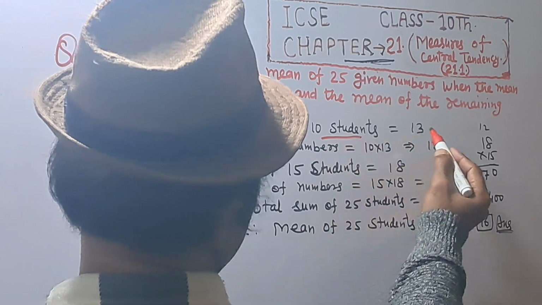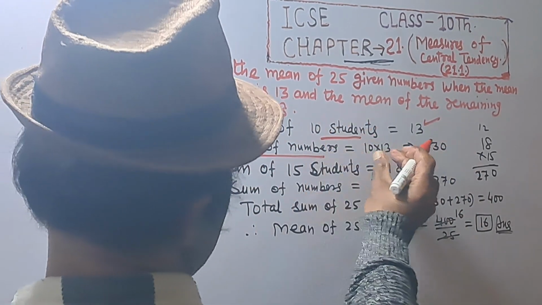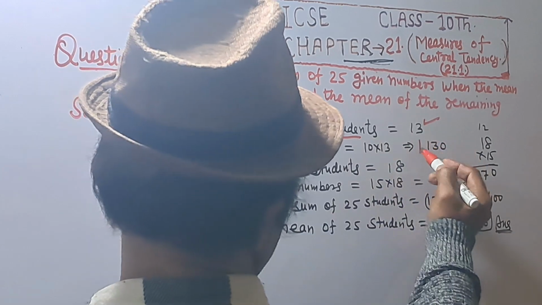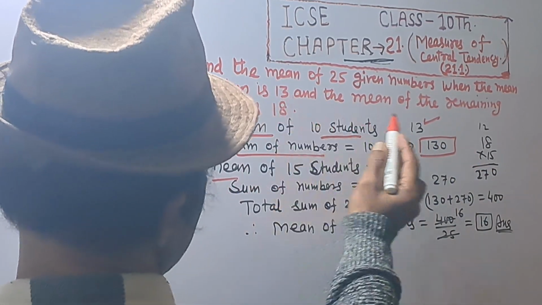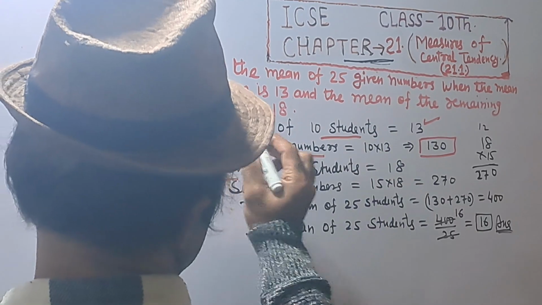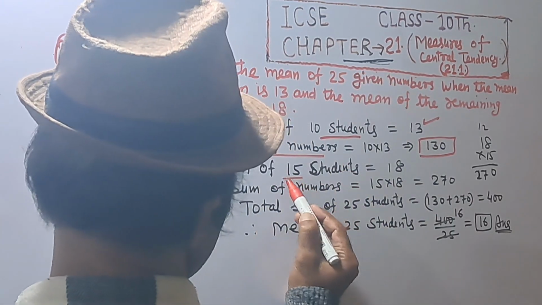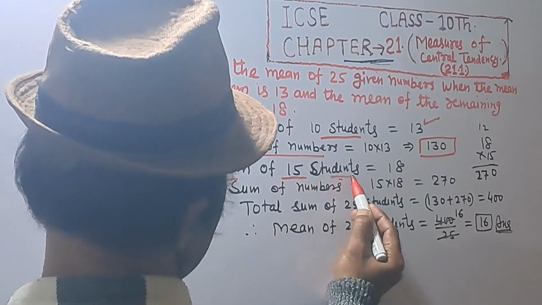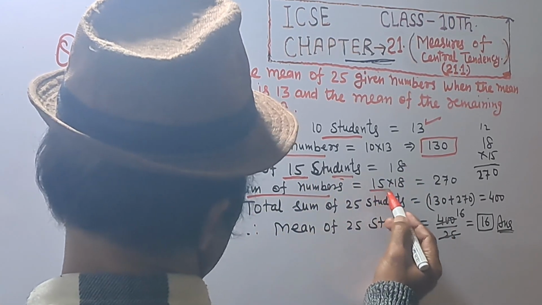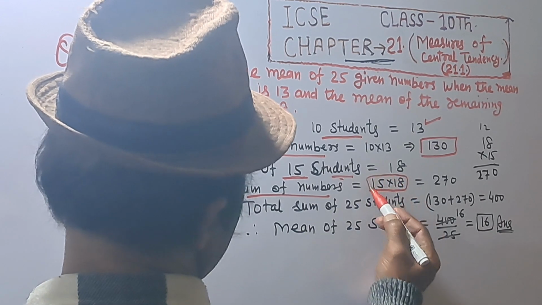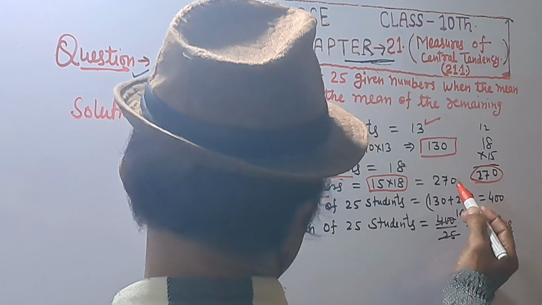Mean of 10 students is 13. Sum of numbers, that is 10 multiplied by 13 equal to 130. Mean of remaining students, 25 minus 10, that is equal to 15. So mean of 15 students equal to 18 and sum of numbers equal to 18 multiplied by 15. 18 into 15, that is equal to 270.